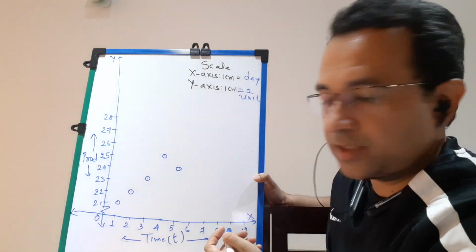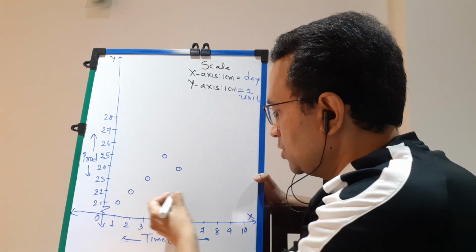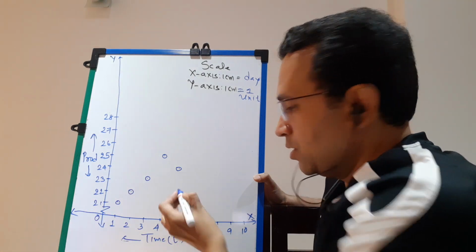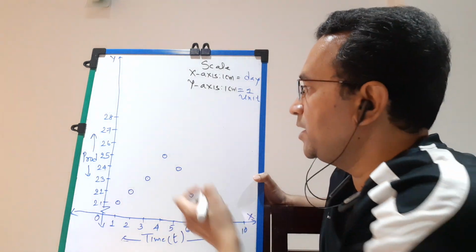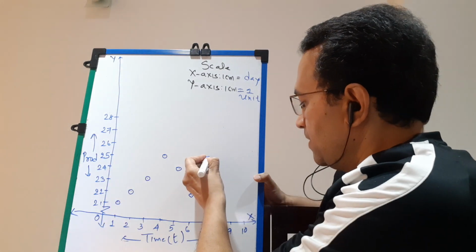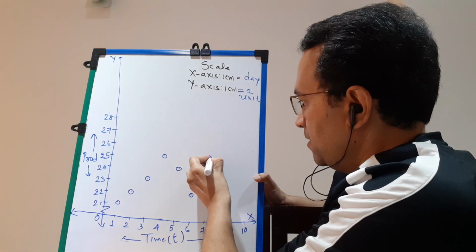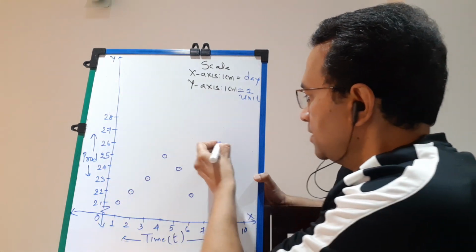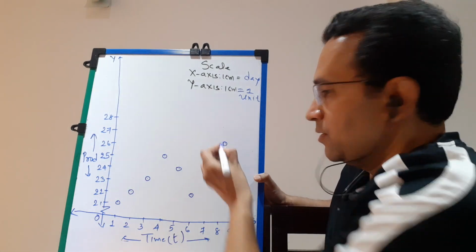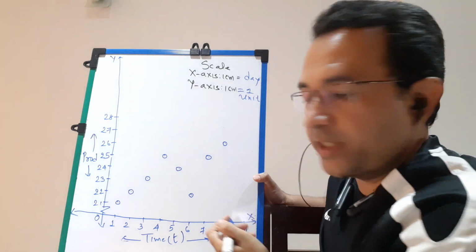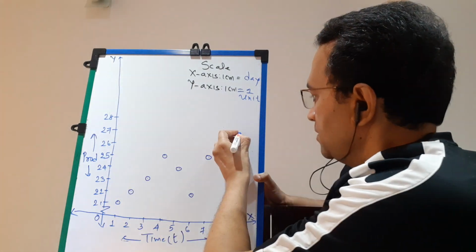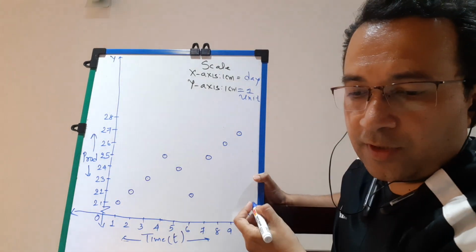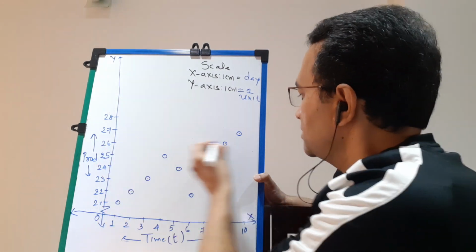For the sixth day it is 22. For the seventh day it is 25. For the eighth day it is 26. For the ninth day it is 27. And for the 10th day it is 26.